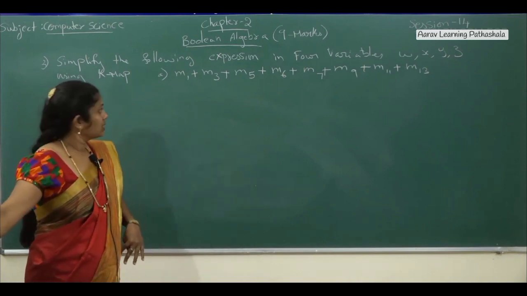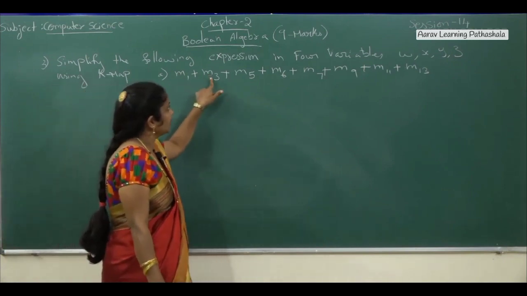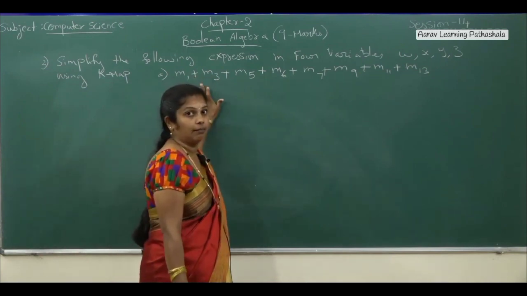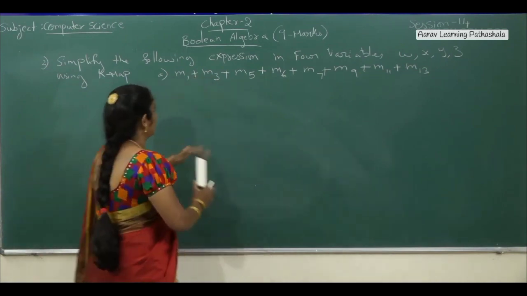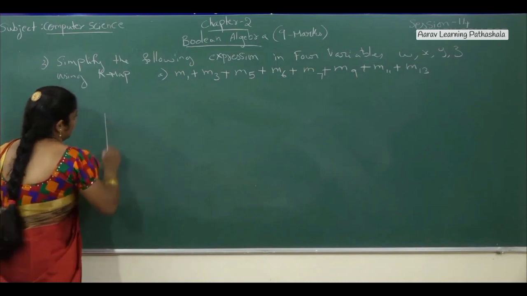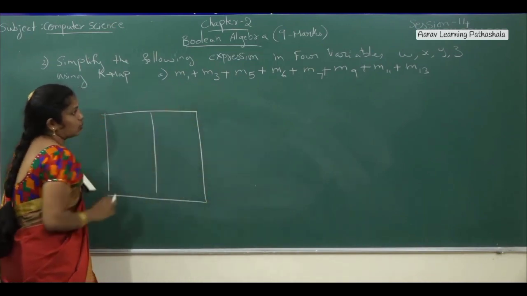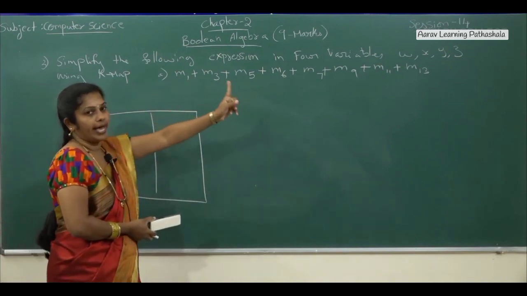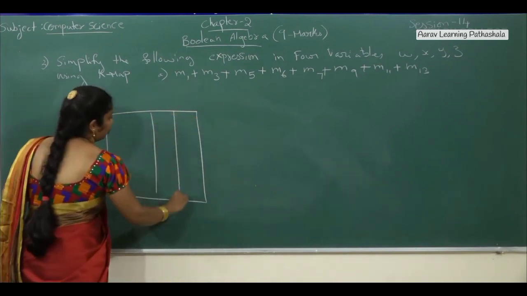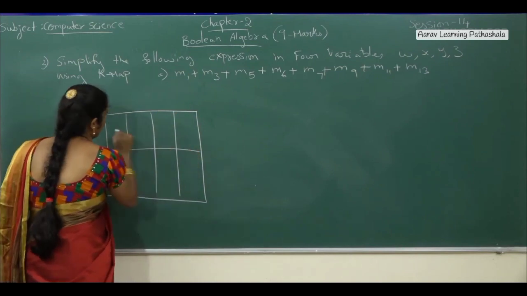See the question first. They gave the expression in small m. Small m is minterm. That you have to identify first. Then write down the K-map for 4 variables. In the question itself they gave W, X, Y, Z. Then for 4 variables you have to write the K-map.